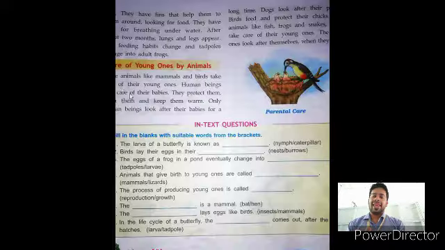Insects like butterflies and houseflies also lay eggs. A butterfly lays eggs on the leaves of a plant. After a few days, the eggs hatch into caterpillars or larvae. A caterpillar greedily feeds on the leaves and quickly grows in size. It stops eating after a while and makes a cover for itself.